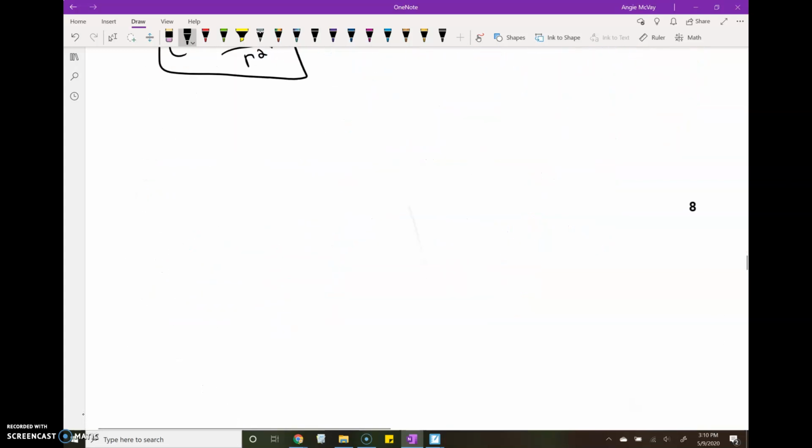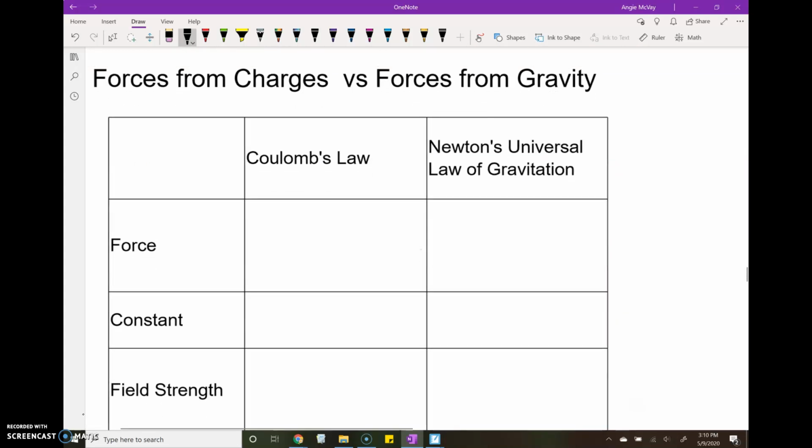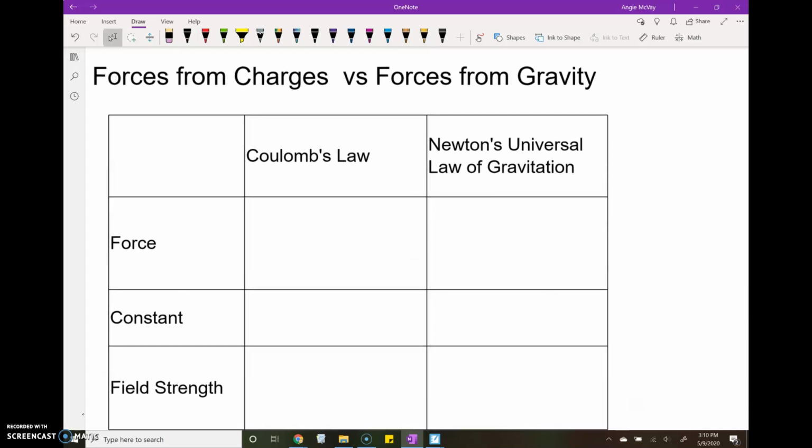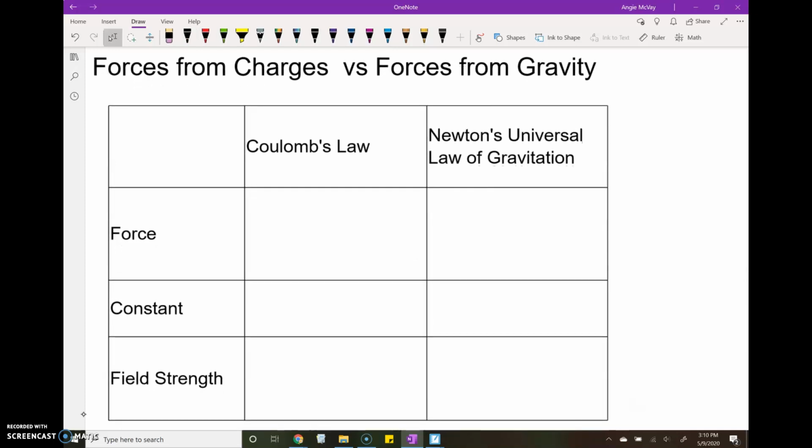Okay. So let's set up this graphic organizer that will be super handy in explicitly comparing forces between static charges and forces between masses that are interacting gravitationally. Okay, so let's do Coulomb's law again.